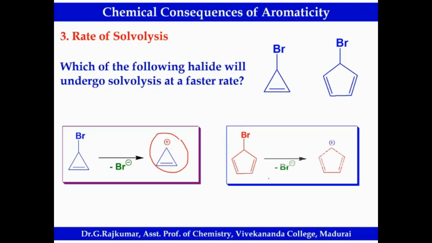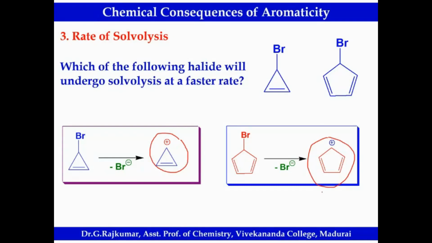After losing, yeah, it goes as a bromide ion, then cyclopentadienyl cation. Among these two, which is more stable? First one, because it obeys 4n plus 2 pi electron, cyclic planar conjugation is there.